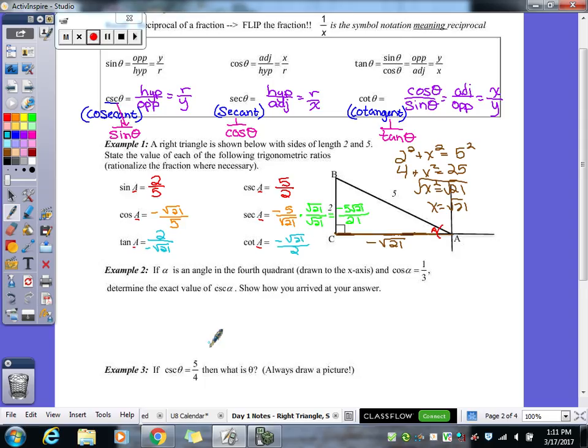Negative square root of 21 over 2. So now let's go back and rationalize this. Times the square root of 21, times the square root of 21. So we get negative 2 radical 21 over 21. That's our tangent value.